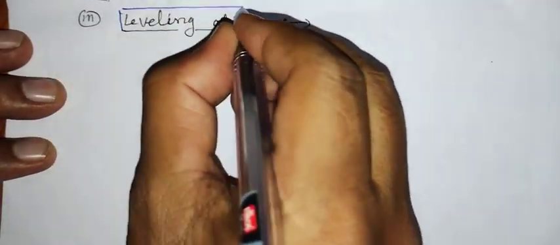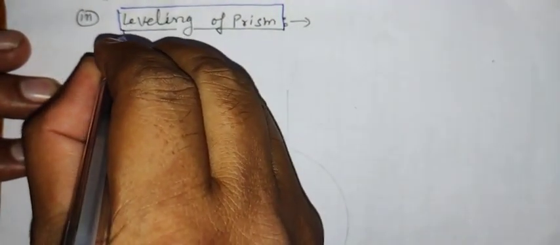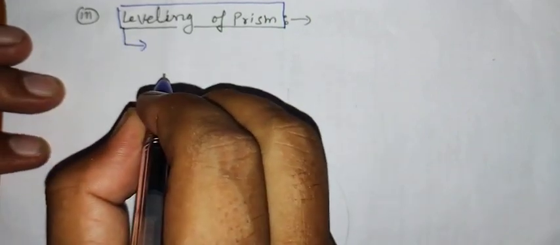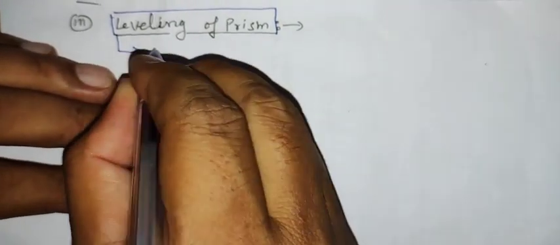The third adjustment is called leveling of the prism on the prism table. This leveling is done for a particular purpose. This purpose is to ensure what?